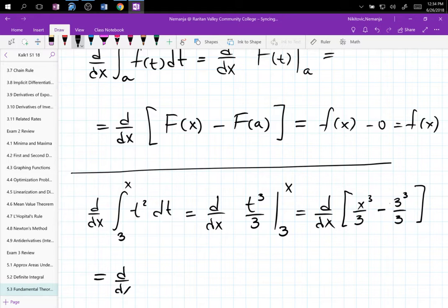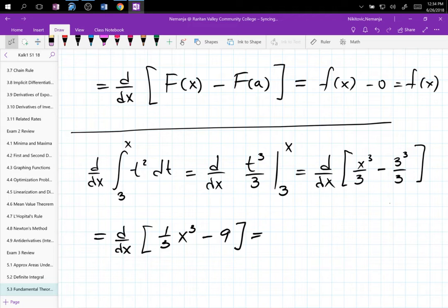This is the derivative of 1/3 x cubed minus 9. Well, the derivative of 1/3 x cubed is 1/3 times 3x squared minus 0, which is x squared. We started with t squared, we ended up with x squared.